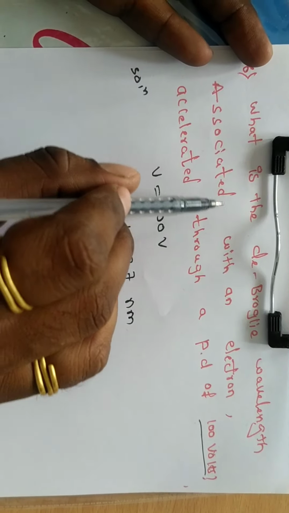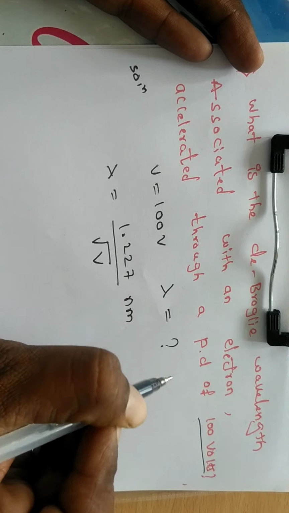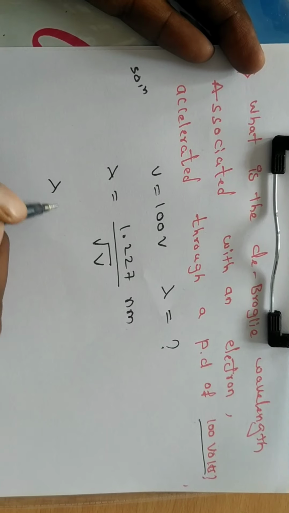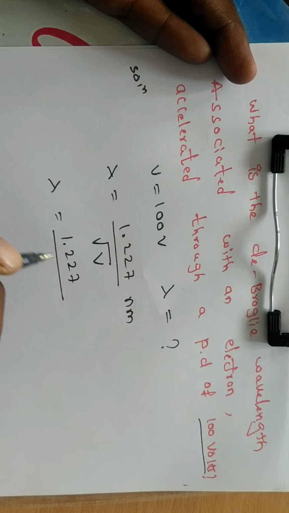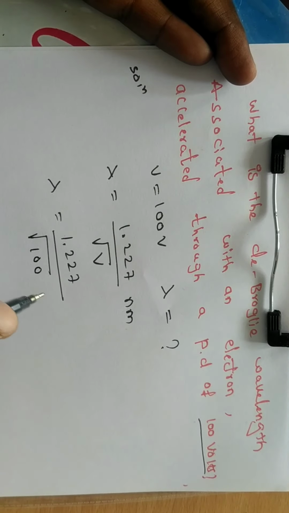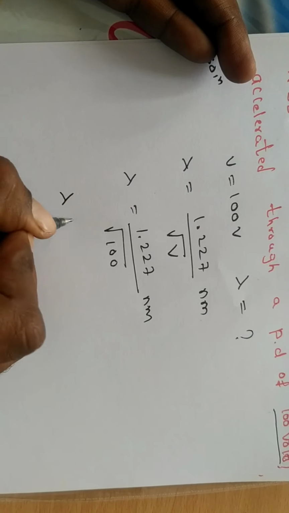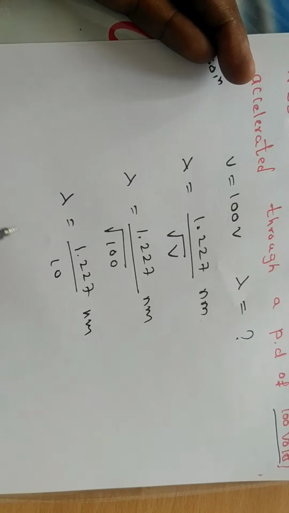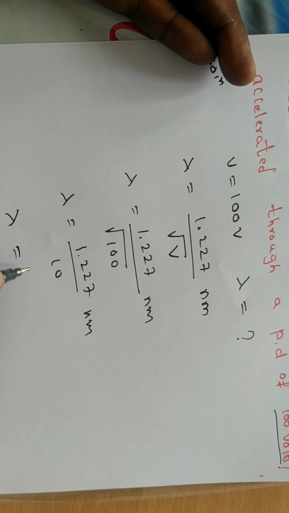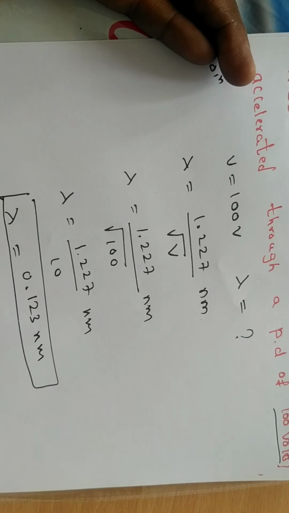You have to calculate de Broglie wavelength, that is lambda is equal to question mark. Apply the formula. Lambda is equal to 1.227 divided by root of V means here 100 nanometer. Root of 100 means here 10. Lambda is equal to 1.227 divided by 10 nanometer. Then lambda is equal to its answer 0.123 nanometer. This one is the de Broglie wavelength.